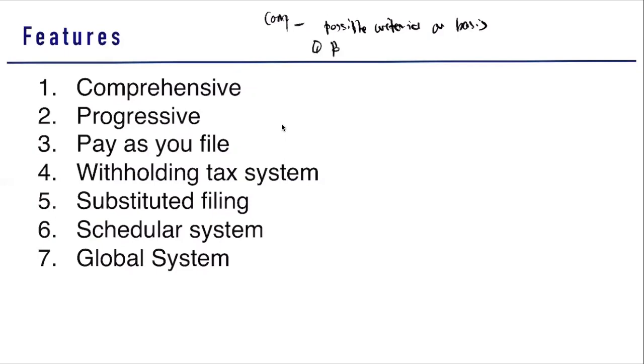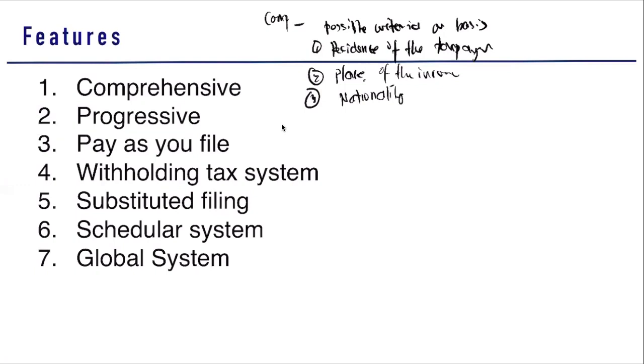First can be the residence of the taxpayer. So this is one criteria whether you will tax a person or not, based on residence. Next, if it does not fall on the residence here in the Philippines, then the place of income. So if ever you are not resident here, but the income is earned here, then we can still tax it. Last possible criteria is the nationality.